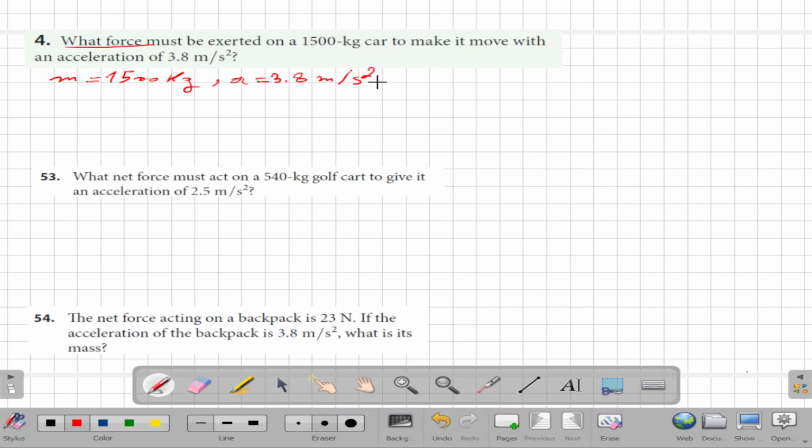So what is the force that makes the car accelerate at this rate?